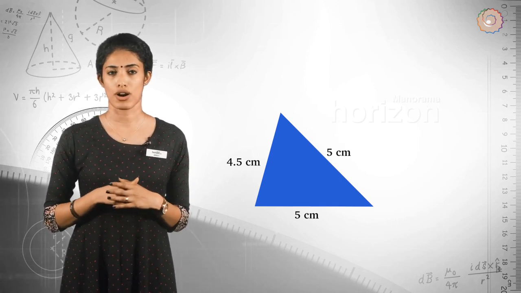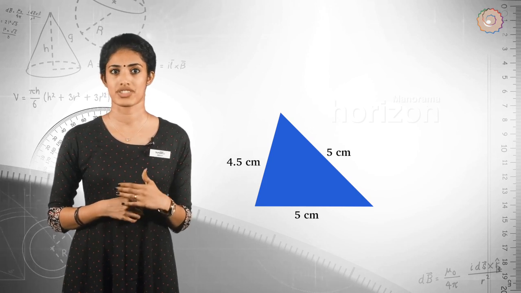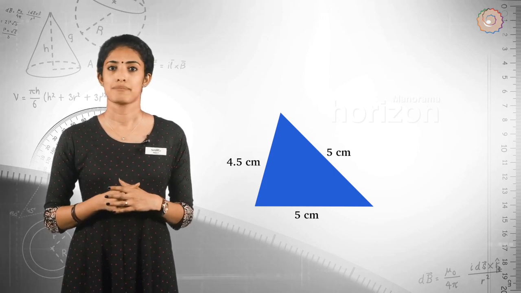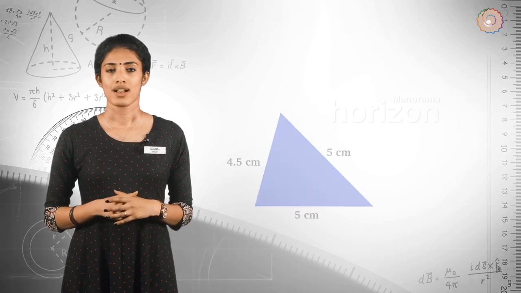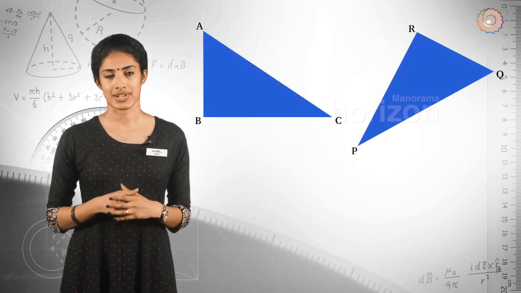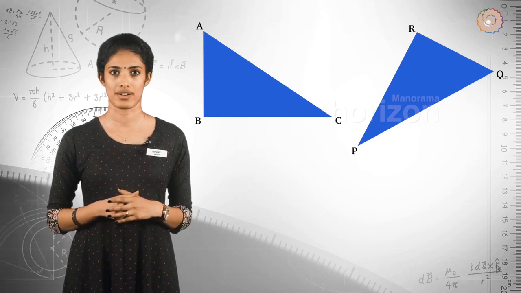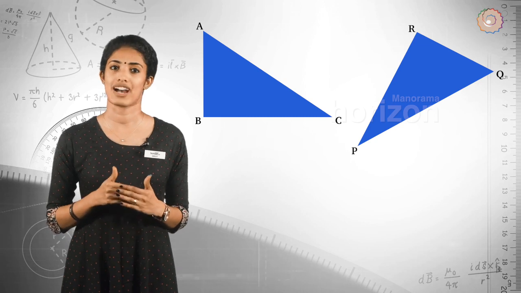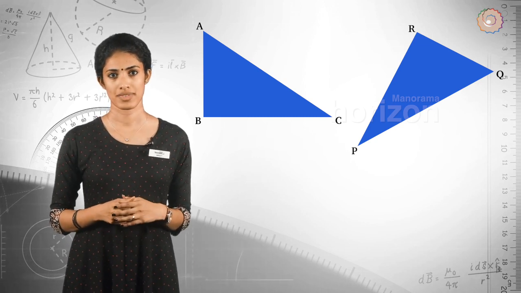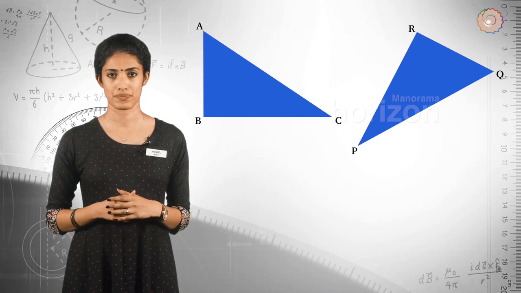So far we have discussed the congruency criteria. Let us directly move on to how congruency of triangles is analyzed mathematically with their corresponding dimension parameters. Now, have a look at these two triangles, triangle ABC and triangle PQR. There is an important parameter that we have to concentrate on. We have to define which parts of the triangle are congruent.